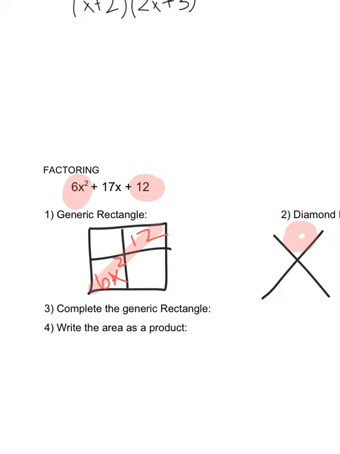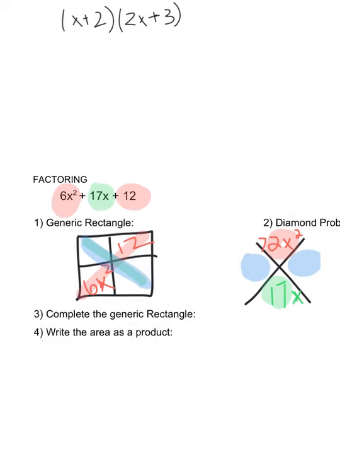72x squared. The other diagonal also has to multiply to that same 72x squared, but it also has to add the like terms that will create the 17x. So that goes in the bottom of our diamond problem. So into that missing diagonal, we need to pick the two numbers that are going to multiply to 72, but add to 17.